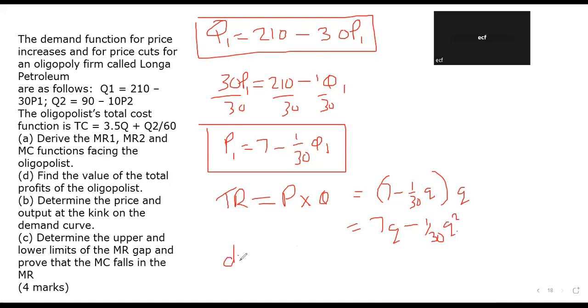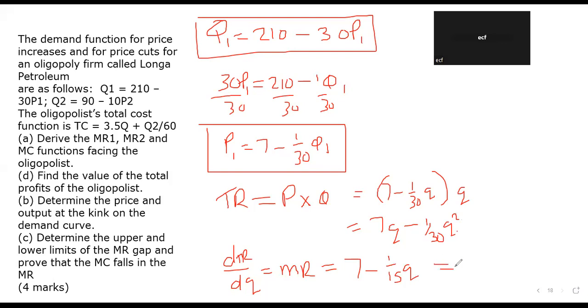So how do we find the marginal revenue? When you differentiate the total revenue with respect to the quantity, this is called our marginal revenue. So what is our marginal revenue there? The derivative of 7Q is 7. The derivative of 1 over 30 Q squared is 2 over 30, or 1 over 15 if you want.